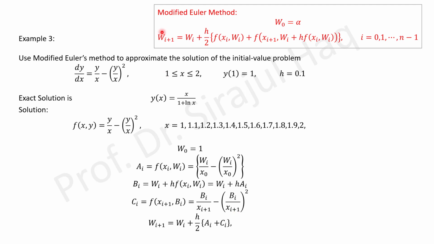And finally, wi plus 1 is equal to wi plus h divided by 2, times Ai plus Ci. This function value I denoted by Ai, and this I denoted by Ci. It's totally up to you if you want to use a single expression, substituting the values all together, but the possibility of error increases.